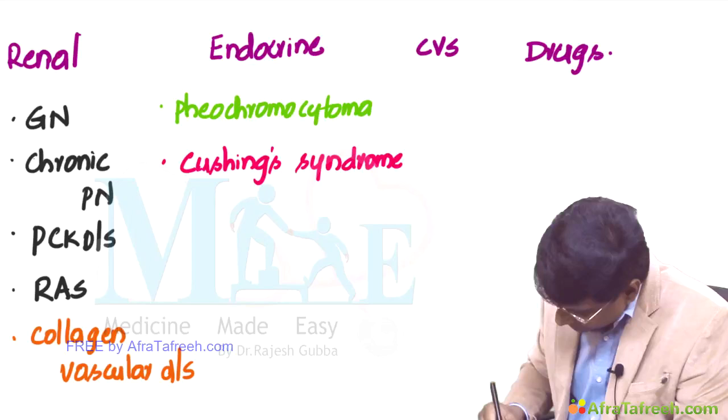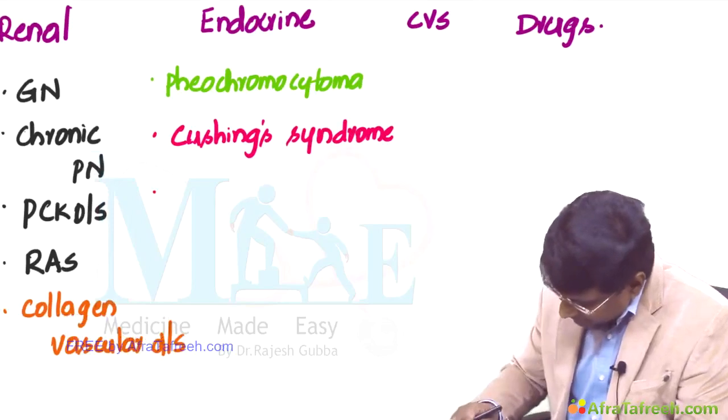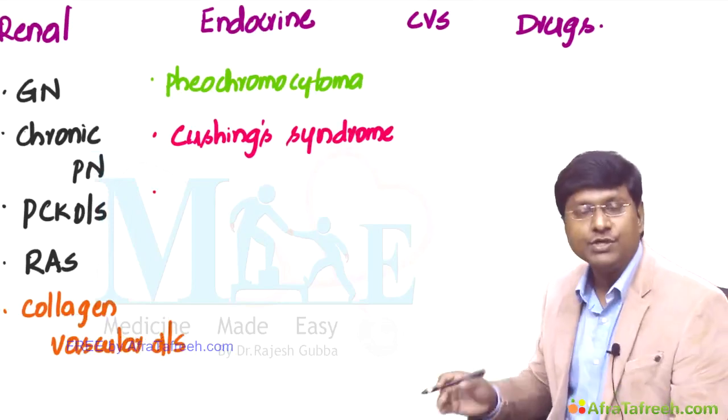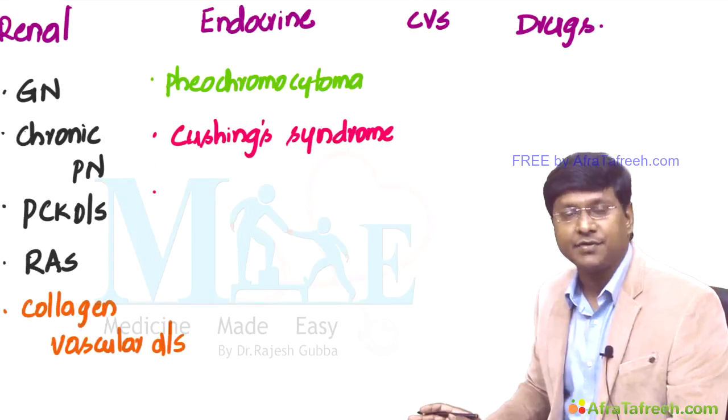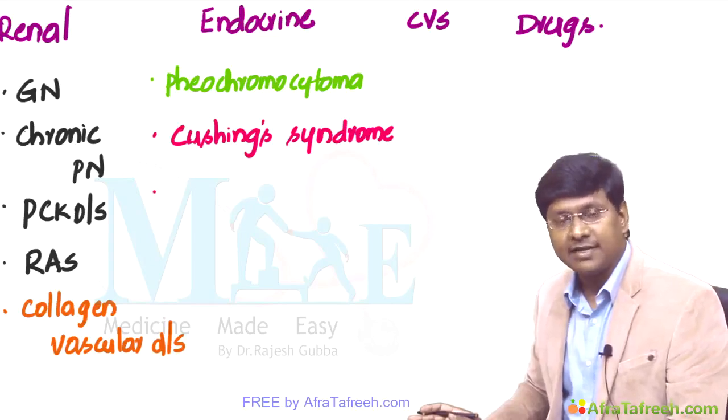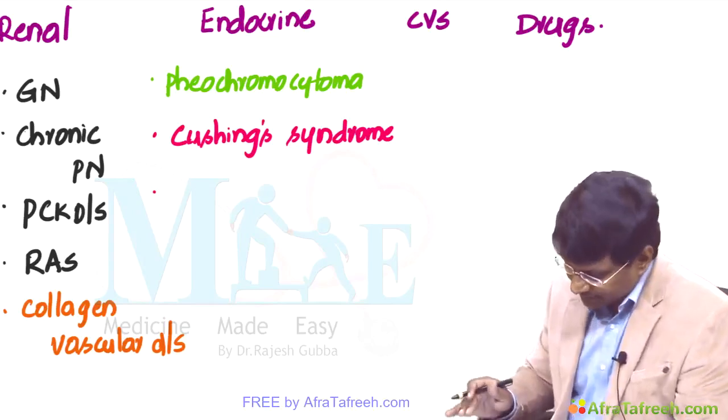So, Cushing syndrome is the disorder where you have excessive production of corticosteroids. Remember, corticosteroids will upregulate the alpha receptors on the blood vessels, and thereby increase the sensitivity to epinephrine and norepinephrine, and that will cause excessive vasoconstriction, which results in hypertension.